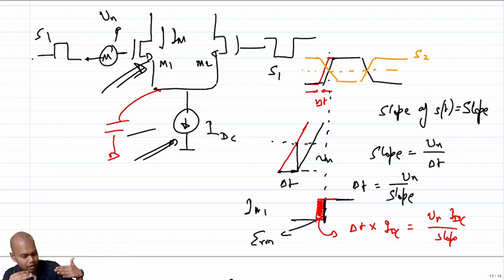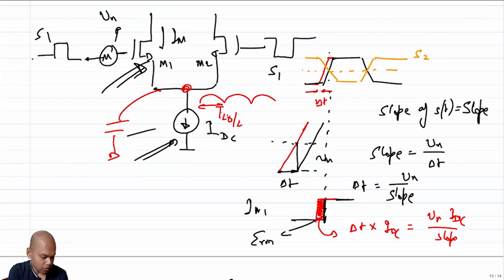But whenever M1 and M2 are around the switching thresholds, both of them are in saturation, right? So this node will not be in a virtual ground state. This will move, and if you see, this will move at twice the FLO. So this will be TLO by 2.